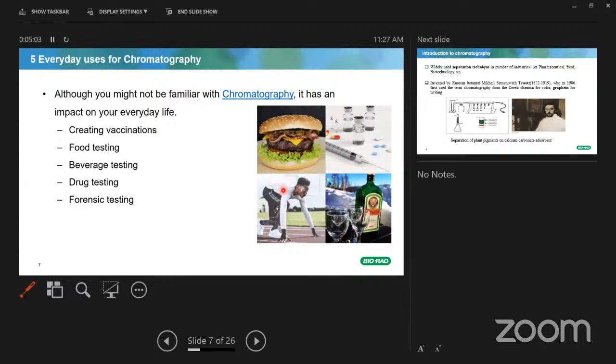When we scale up to 1,000 liters of resin, getting lakhs and lakhs of vials of dosages, it is done on a chromatographic platform to purify the vaccines. So every day we may not know the term chromatography, but somehow it affects our day-to-day life. That's the reason I thought of showing these examples.